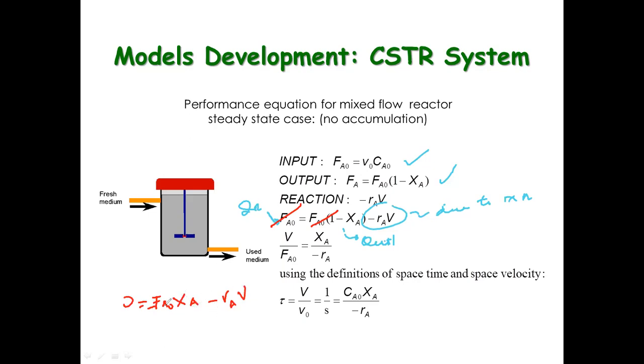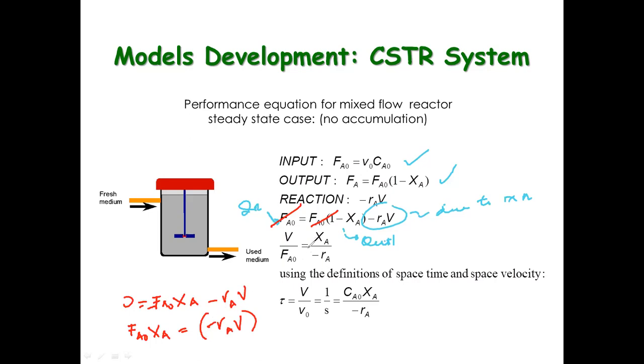If you transfer this negative FAO XA, it becomes positive already. And what you have here on the right side is the rate times the V. This is one entity, so to avoid confusion, it should be written as plus the product of negative r sub A V. Okay, so this is it.